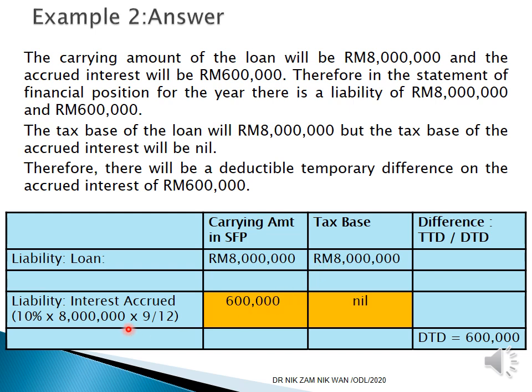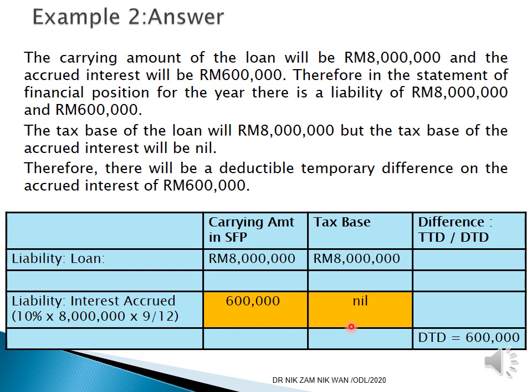But for interest, in the statement of financial position, since we take into consideration accrued interest, we show it even though it is not yet paid. It is considered as interest accrued: 10% times 8 million times 9/12, because it starts from April till December. So in the statement of financial position we show interest accrued of 600,000.